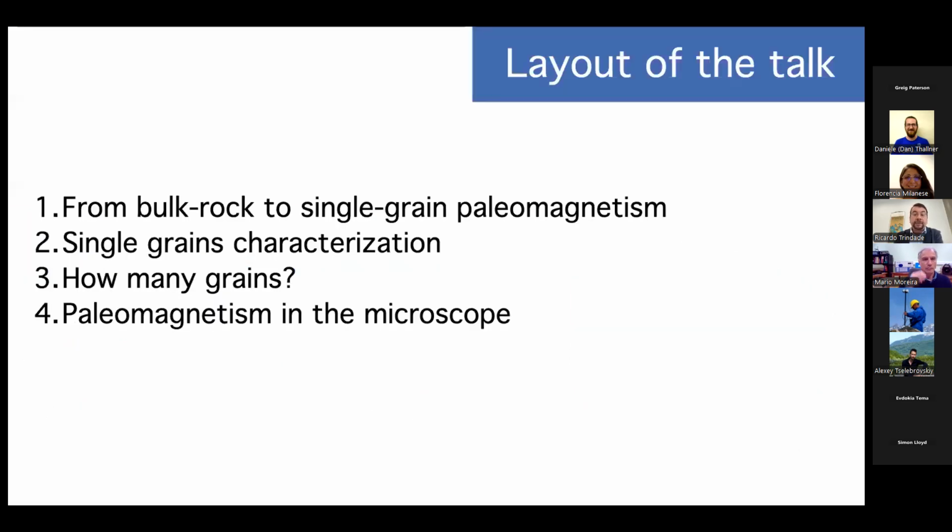So the layout of the talk would be: from bulk rock to single grain paleomagnetism, so what we want to do. Then we are going to talk about single grains characterization. How many grains do we need to do this paleomagnetism based on very small samples? And then paleomagnetism in the microscope.